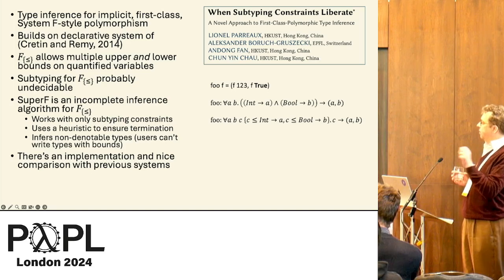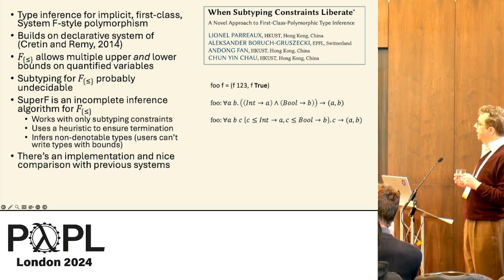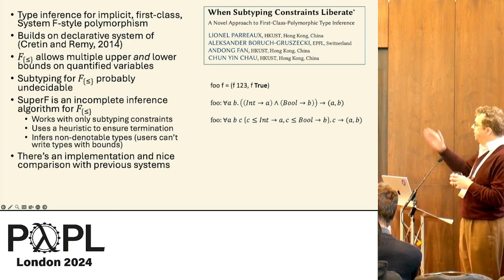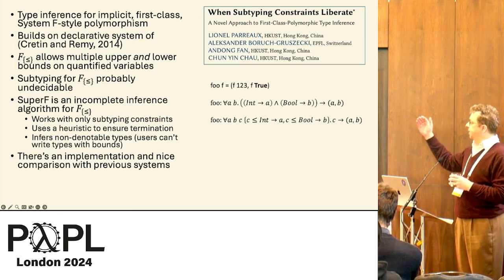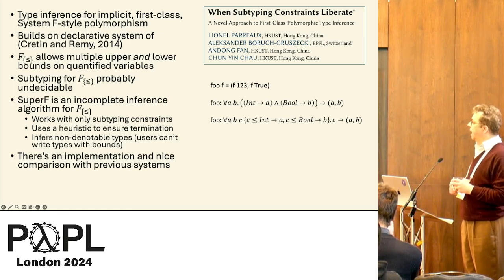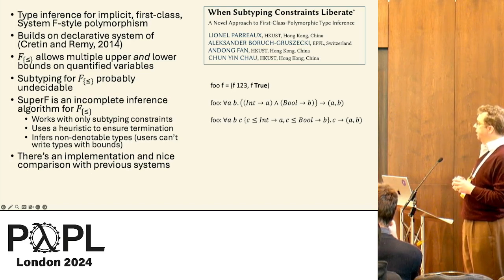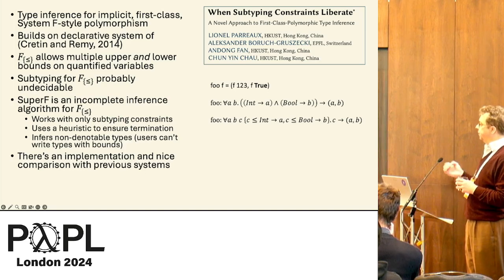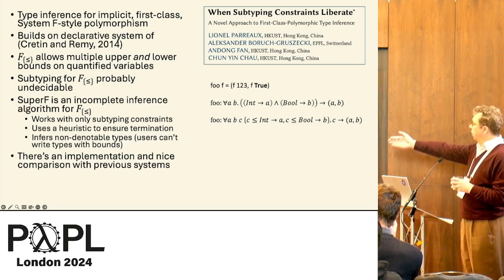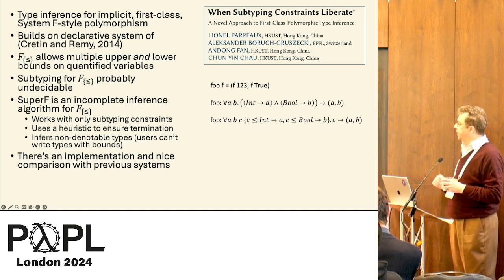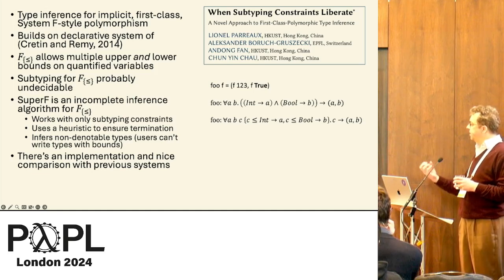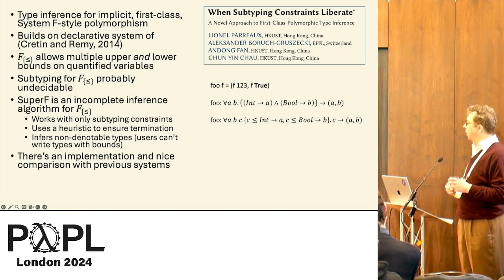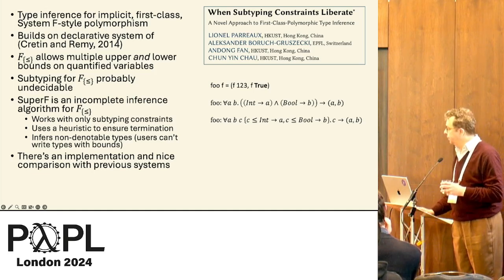The subtyping relation for this is probably undecidable, and hence the inference would be. So what the paper presents is an incomplete but sound inference algorithm for this syntactically restricted system that works only with subtyping constraints and uses a heuristic to ensure termination. One of the things that's interesting about it is that the inference algorithm will infer types inside which the user can't write on the outside. It has an implementation and a nice comparison.